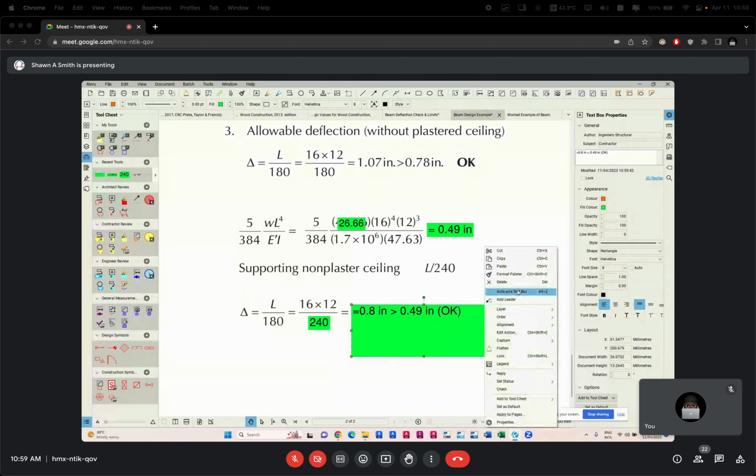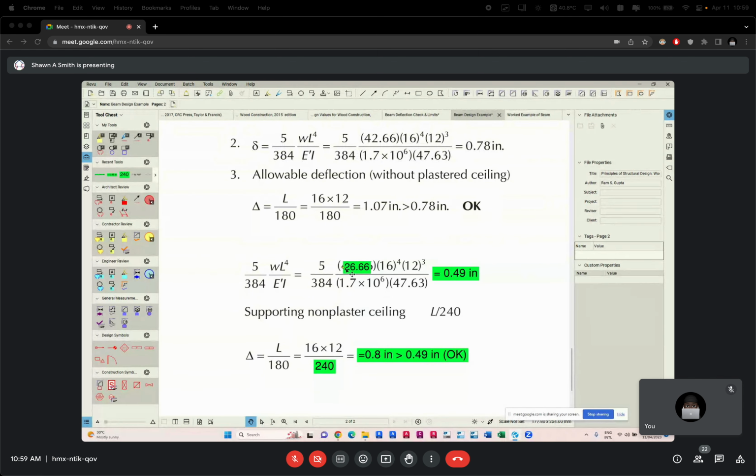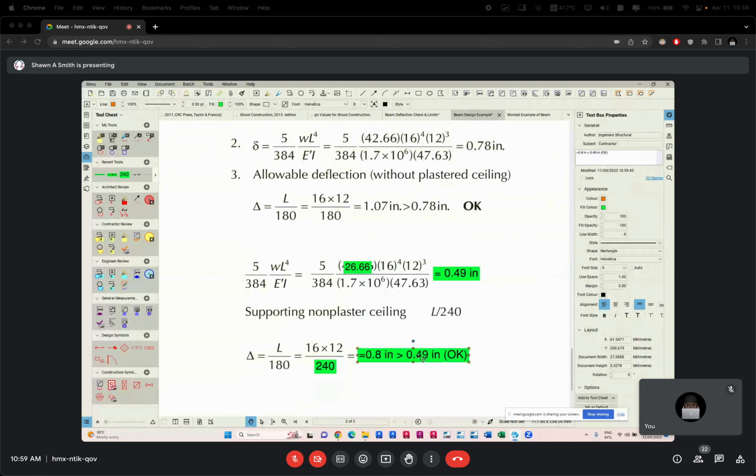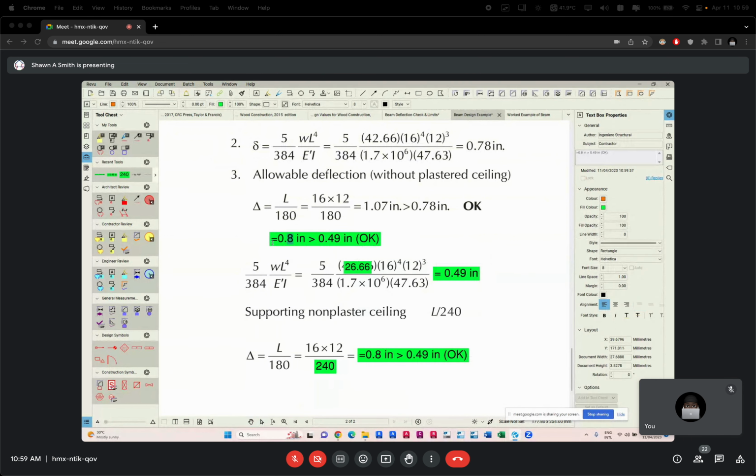That's what it's really about. And all of this down here is for live load. So let me put up here: live load deflection check.